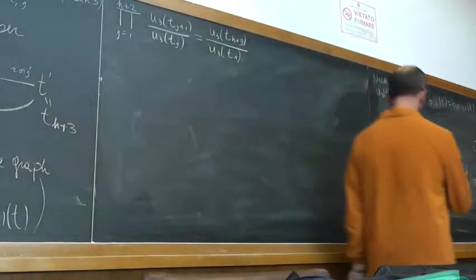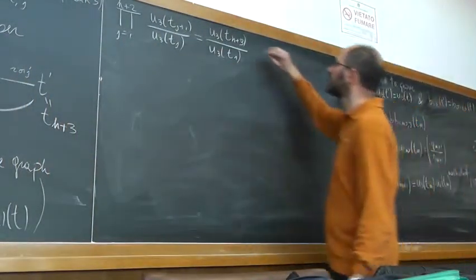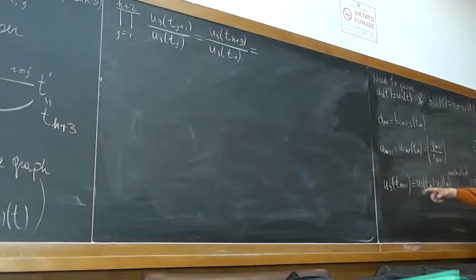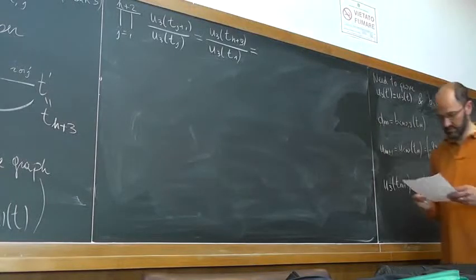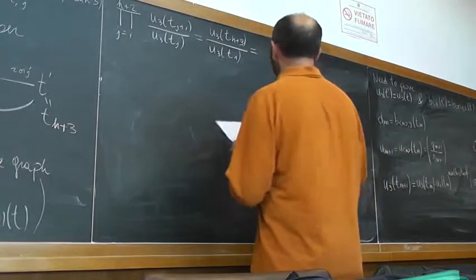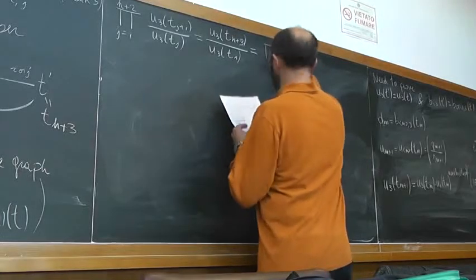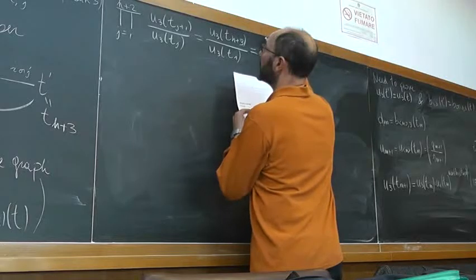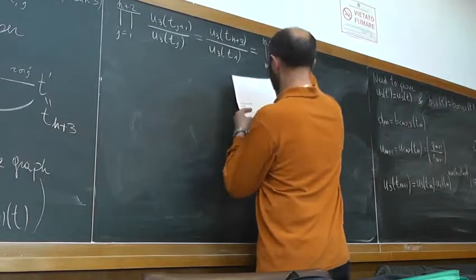So from this relation, if we divide this relation by u_3 of t_m, then we obtain the rest, and so this becomes the product from m from 1 to h plus 2.